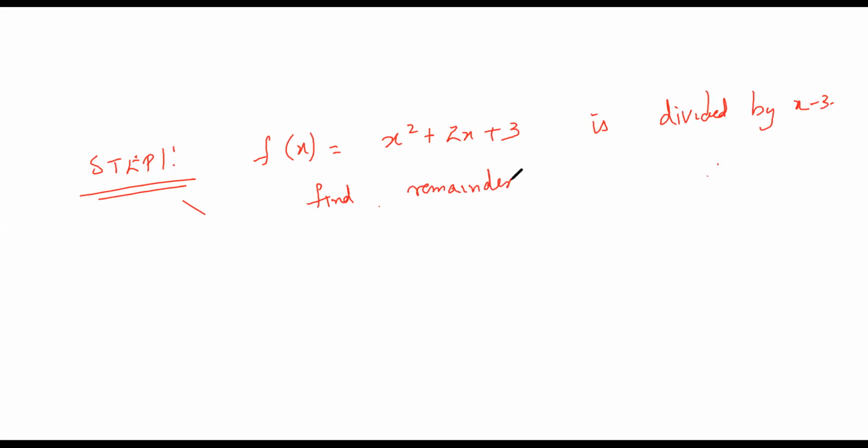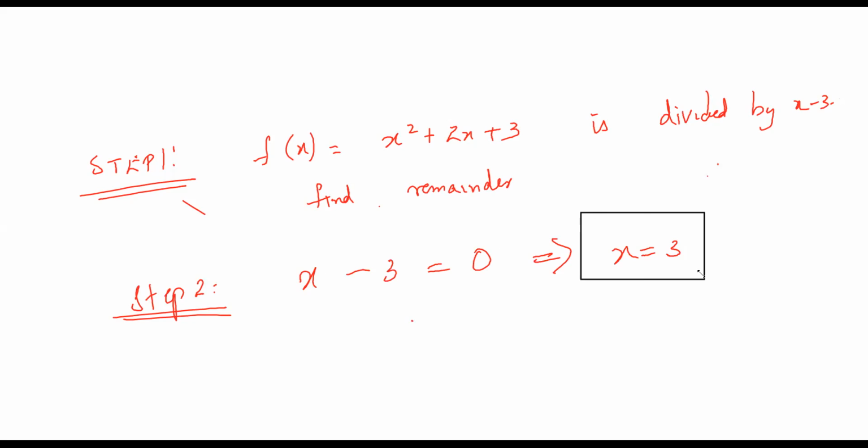So what should be your step in this? Write down the question first. Step 2 should be x minus 3 is equal to 0. This implies my x value is 3 itself. Make it a box.